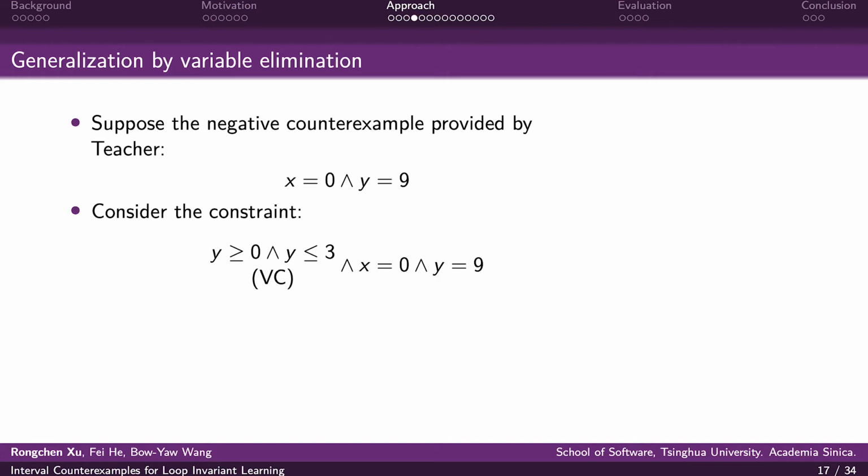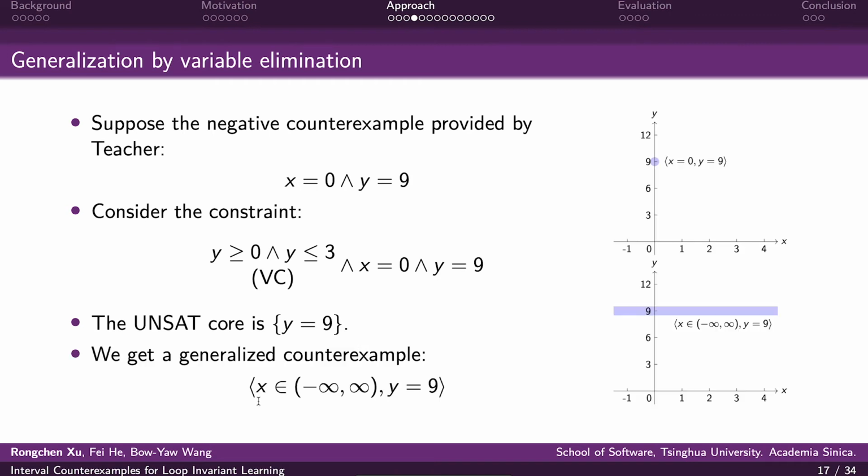We treat the verification condition as a necessary constraint and x equals 0 and y equals 9 as optional constraints, and query the SMT solver for the unsat core. The unsat core should be y equals 9. So we get a generalized interval counterexample, which is x in the range of negative infinity to infinity, and y equals 9.